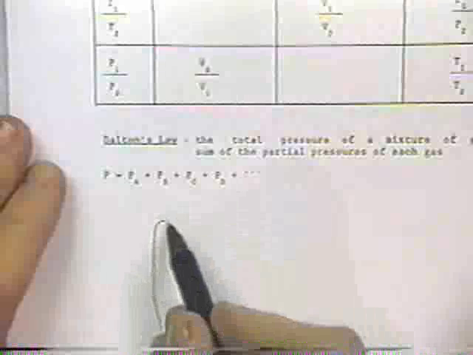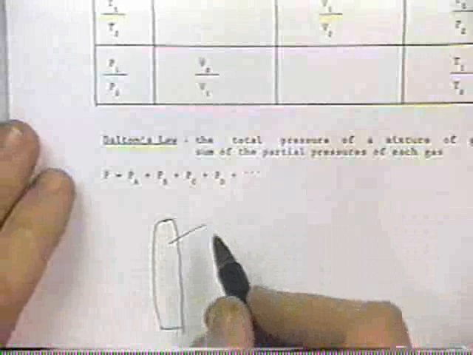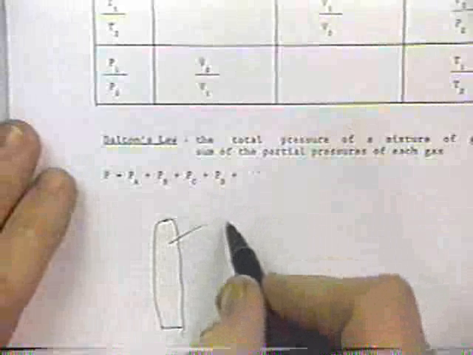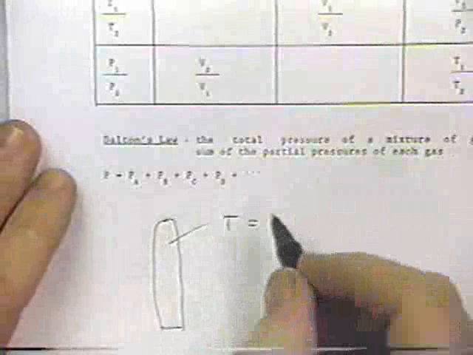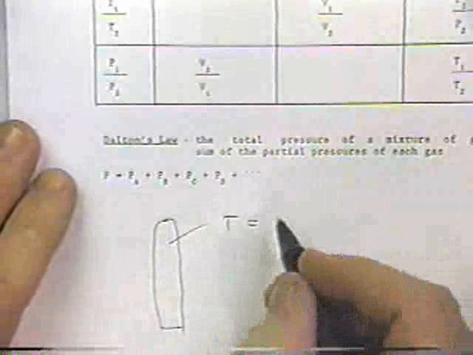A classic example would be, let's say that I have a gas cylinder sitting on the loading dock in the morning. The temperature might be, let's say we'll put it in Celsius degrees, or Kelvin degrees.